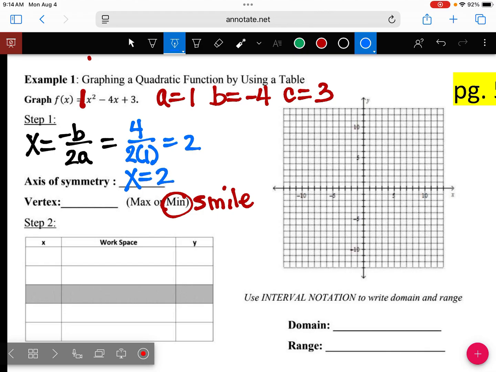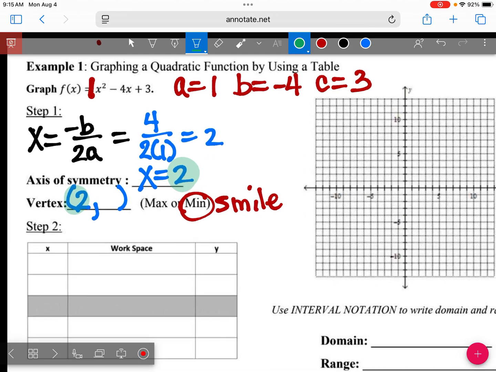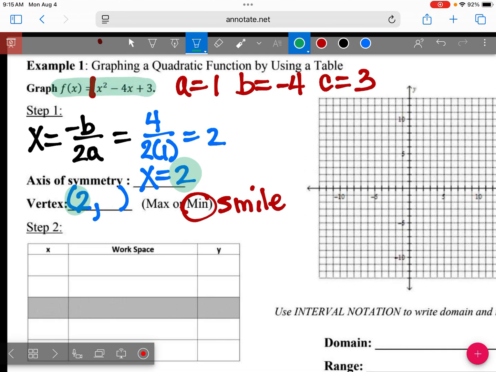All right, now we need to find the Y value. So let's start our vertex. Our vertex, we know half of it is 2. So whatever you get here is also going to be the X value of the vertex, which is going to be our lowest point. Now we need to find the Y value, and in order to find it, I'm just using this equation right here.